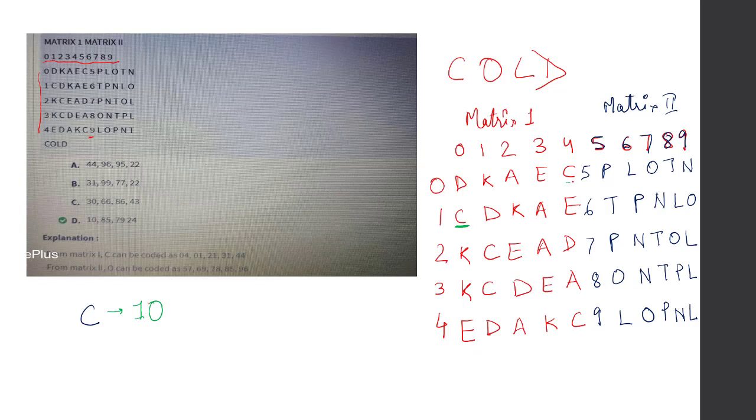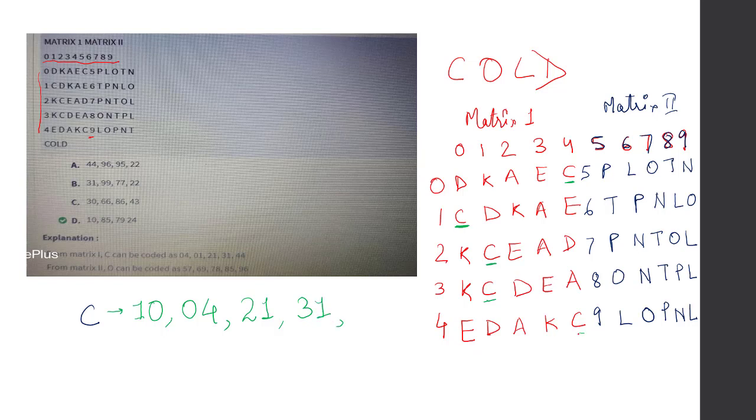Then we can see C here. So first the row number would come, 0, then the column 4. Then C has again appeared here, and the value for C would be 2, 1. Then again in the third row, first column.